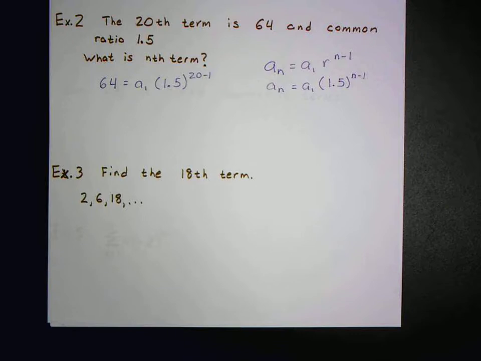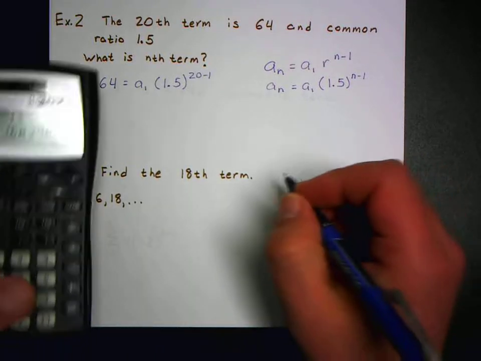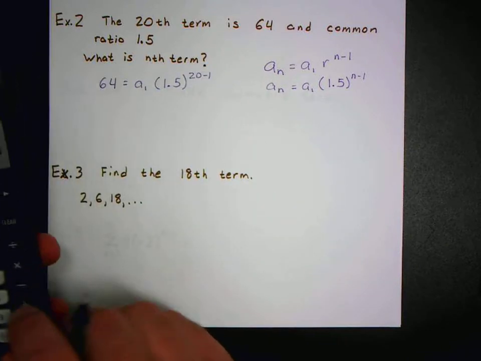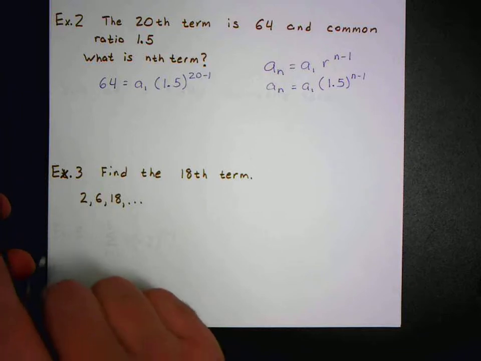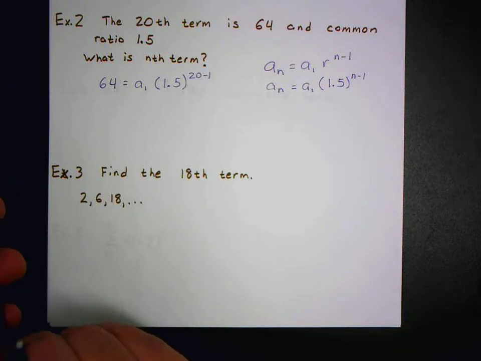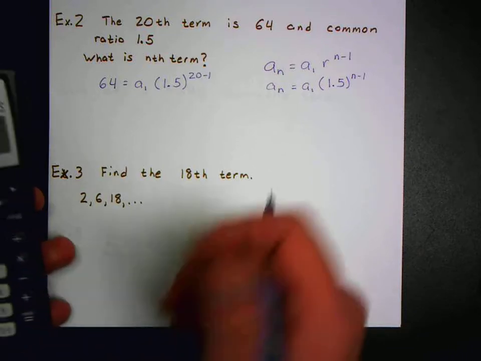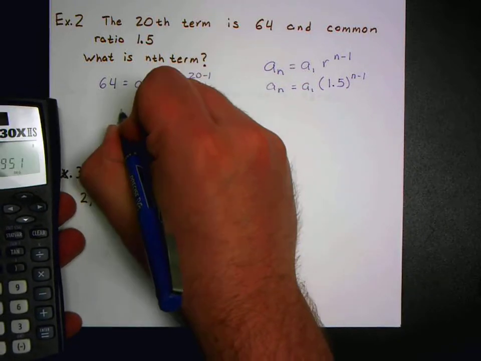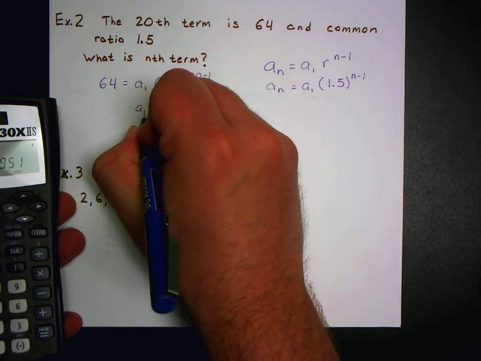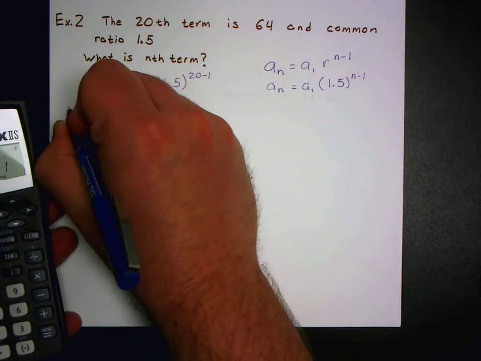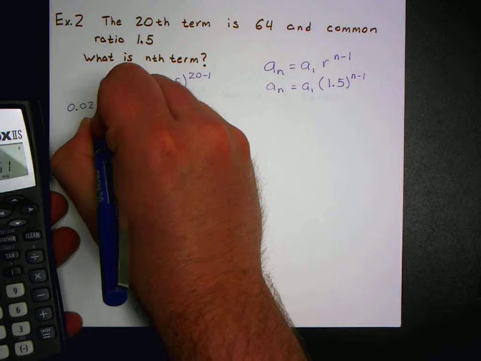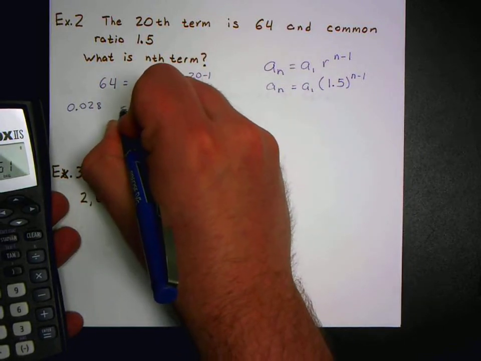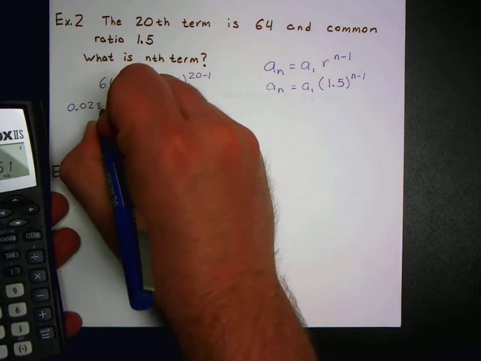So 1.5 to the 19th is this god-awful number. So 64 divided by that god-awful number. I'm just going to round off at a couple places.